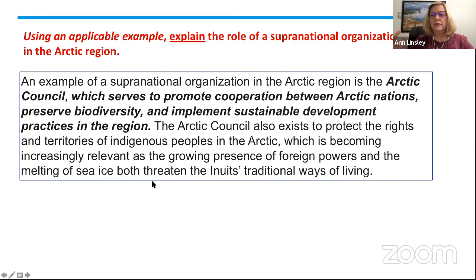You could have cited NATO. You could have cited, obviously, the Arctic Council. And you could have cited the United Nations. Any one of those would have been factors here in the Arctic region, and you would have just needed to explain their role. Okay, so be careful with some of the wording, and once again, it's an explain, so I would always use an example. Here you were told to use an example.